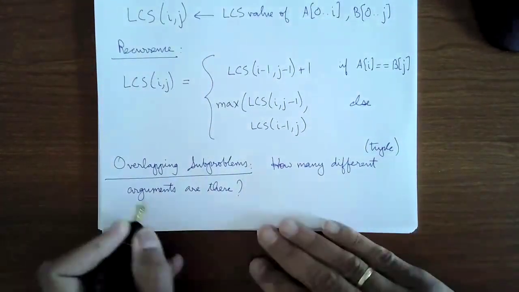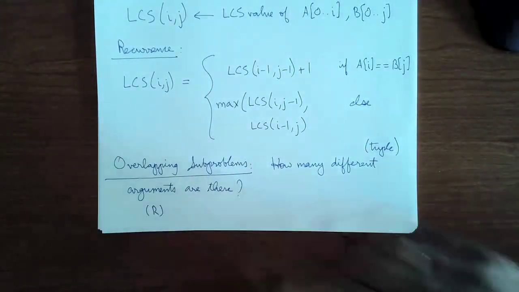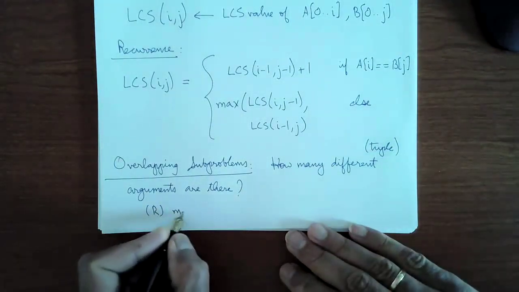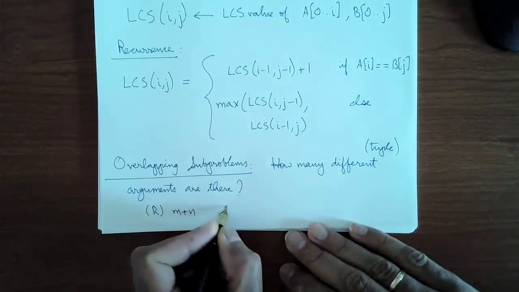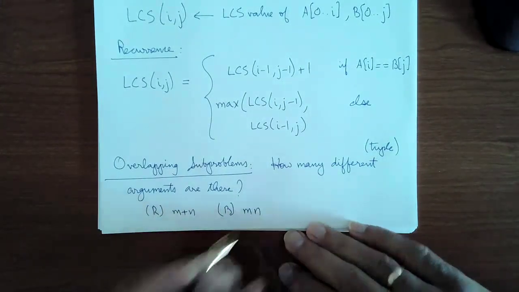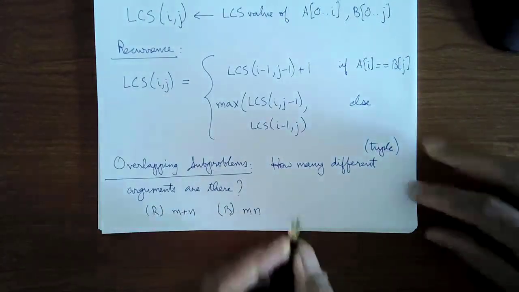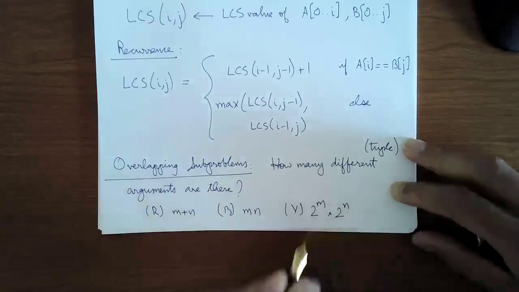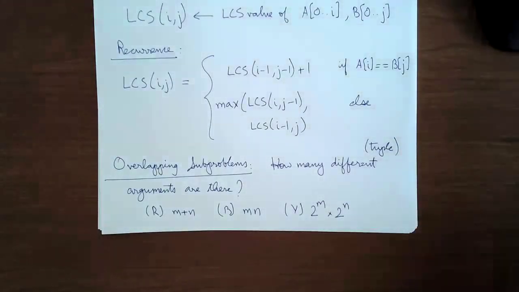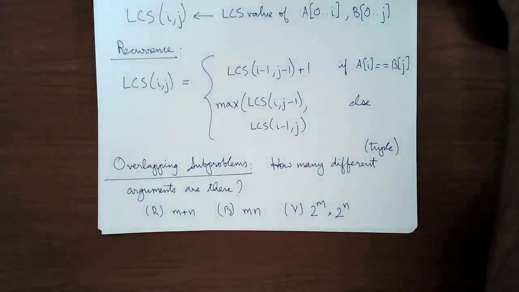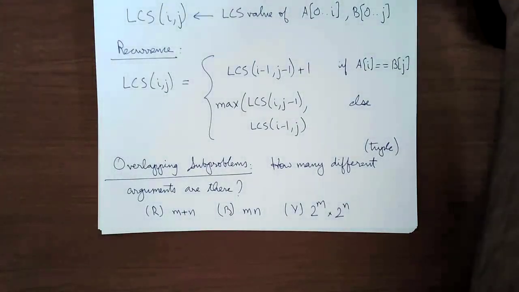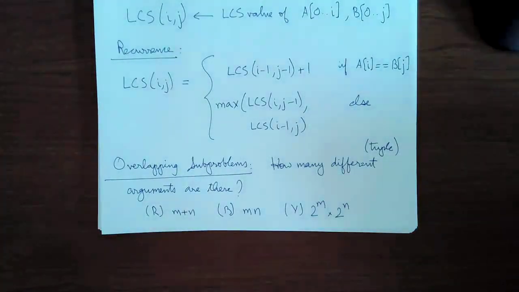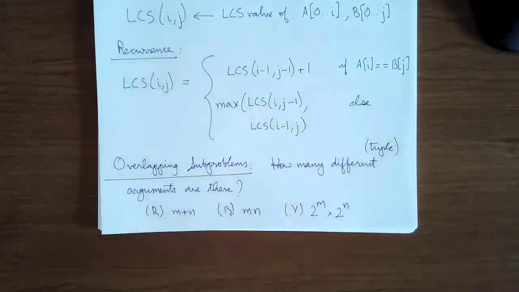Okay, so maybe I'll ask this as a question. Is it m plus n? Is it m times n? Or is it 2 to the n times 2 to the n? Okay, so let me relaunch my poll. How many different arguments are there, if you think of the entire tuple of arguments?